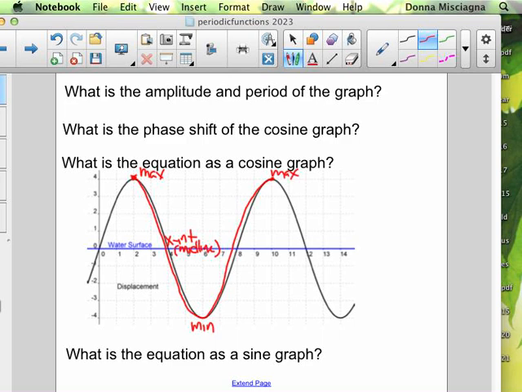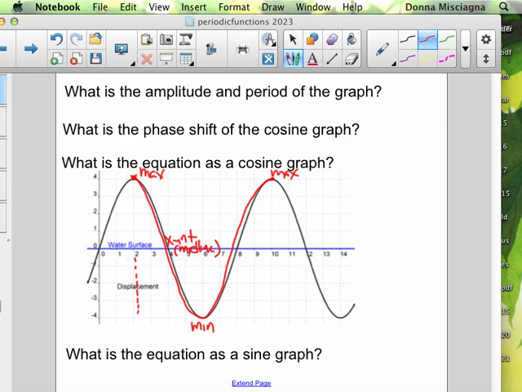That is one period of cosine, and that period begins right here at x equals 2. It begins there because that's where we have the maximum, the first point where we have a maximum, which is where cosine starts.